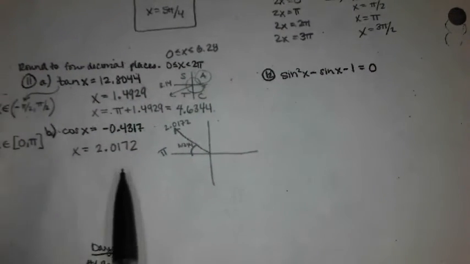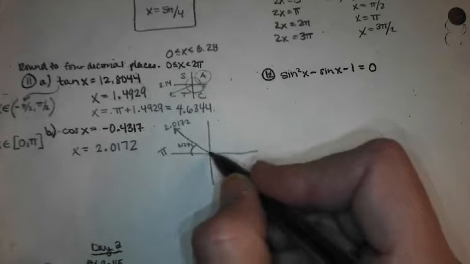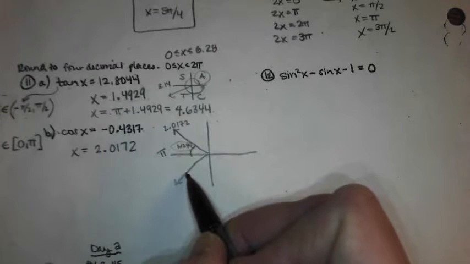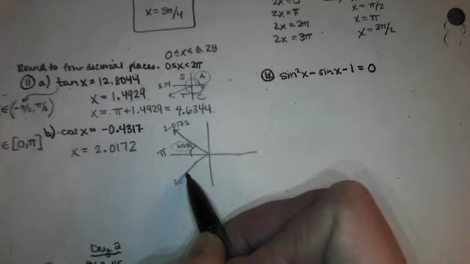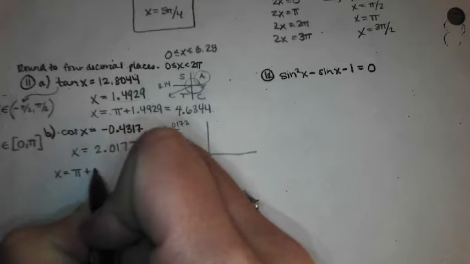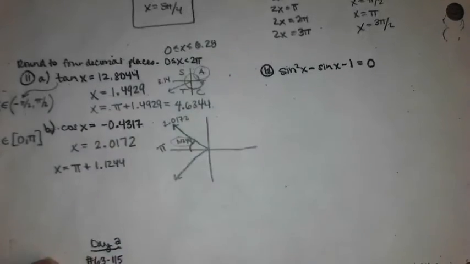So what other quadrant should we be looking in between 0 and 2 pi where the cosine is negative? 3, which means we have to go this much past pi. Yes? You with me? So x has to equal pi plus that reference angle of 1.1244.